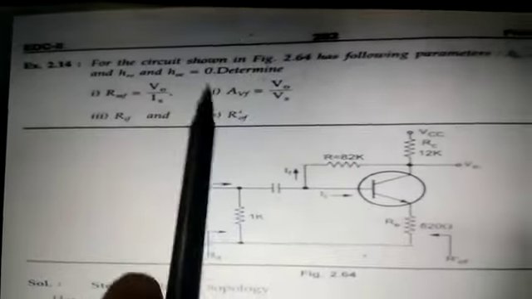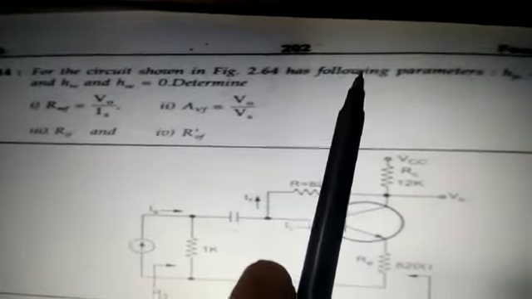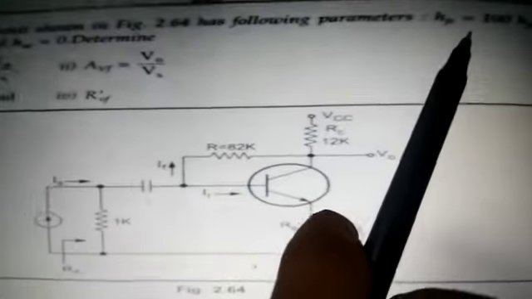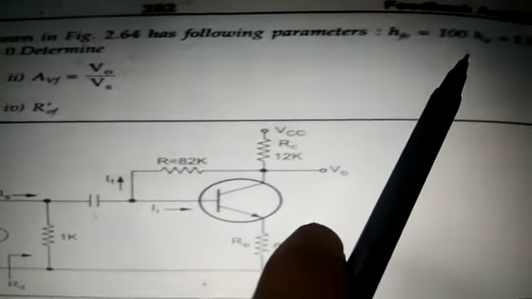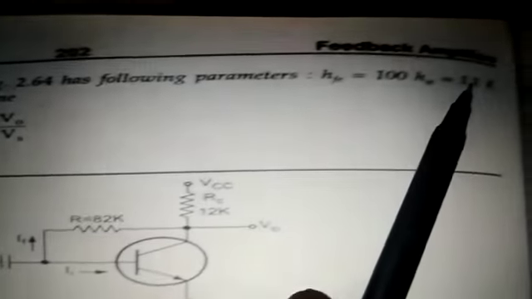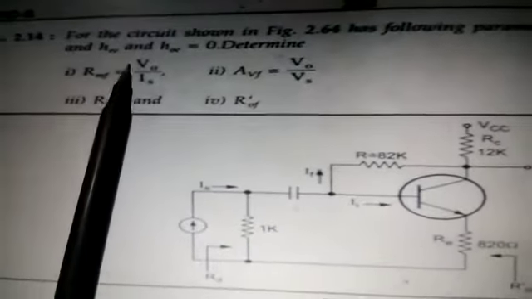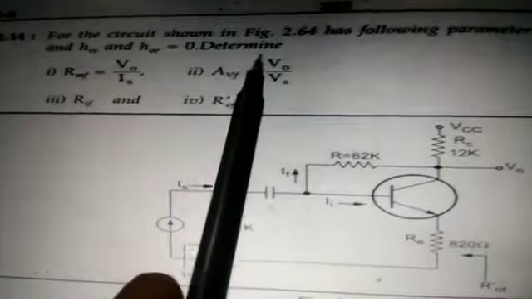For the circuit shown in figure below has following parameters. HFE is equal to 100, HIE is equal to 1.1 kilo ohm, and HRE and HOE is equal to 0.